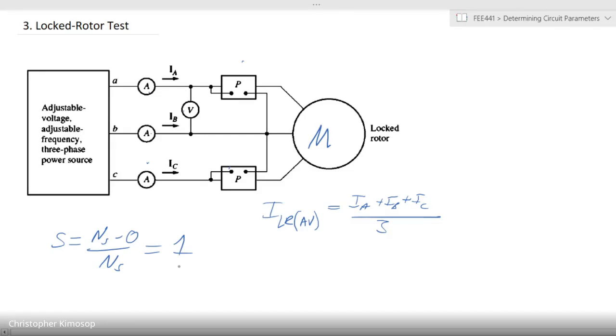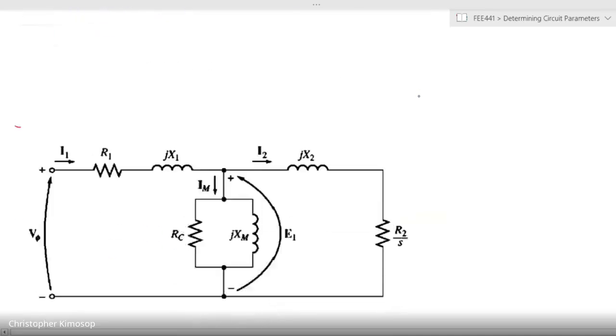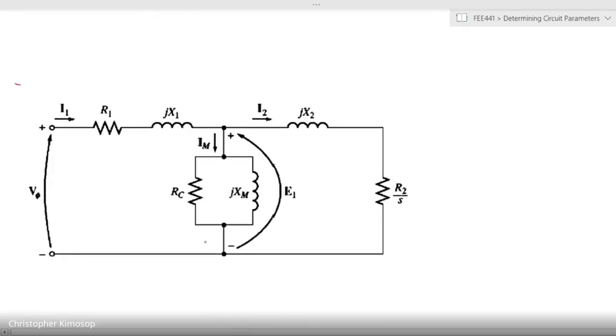Okay? So if we look at our equivalent circuit again, the original equivalent circuit, we then have a situation whereby this variable S is equal to 1, so that you have R2 being the only element on that side, or R2 being a very small value.